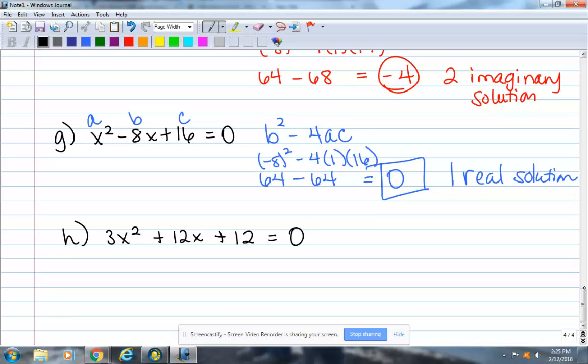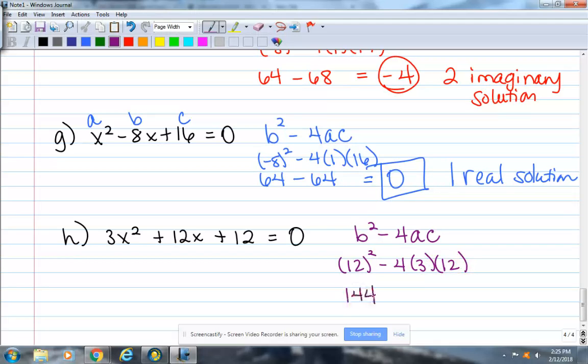So, what's the formula for finding the discriminant, y'all? B squared minus 4ac, right? So what's your B in this problem? 12. What's 12 squared? Minus 4 times what's A? 3. What's C? 12. All right, what is 12 squared?